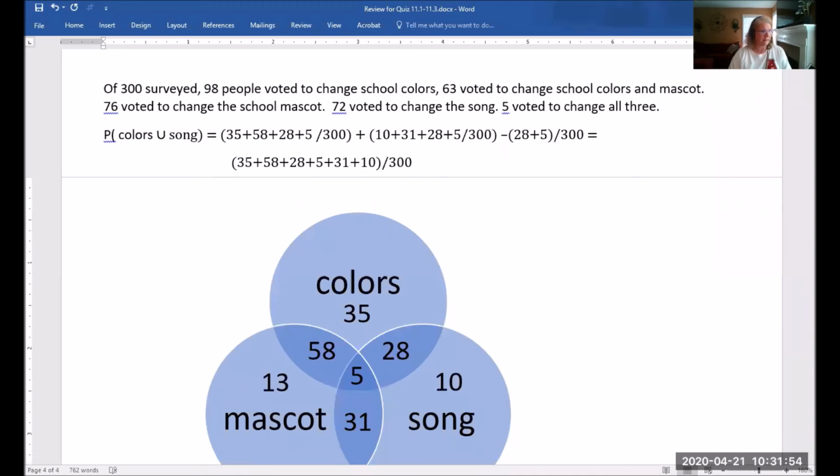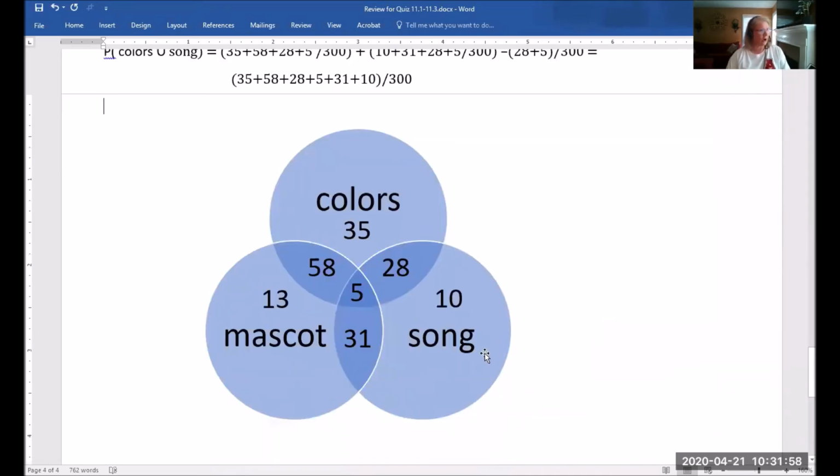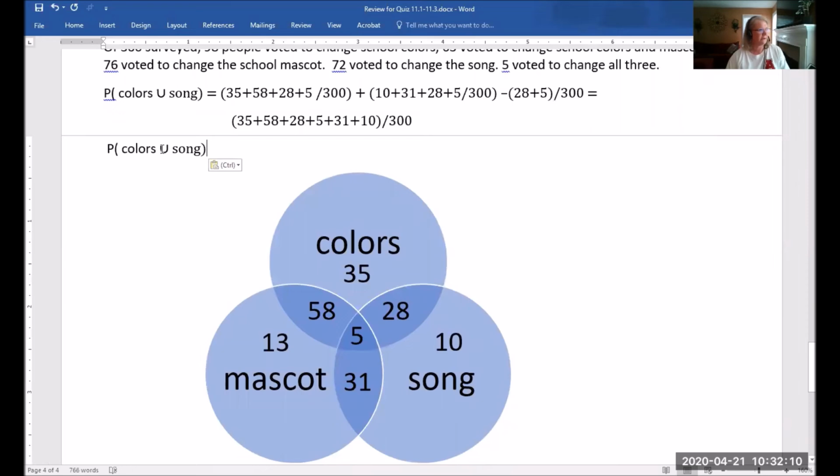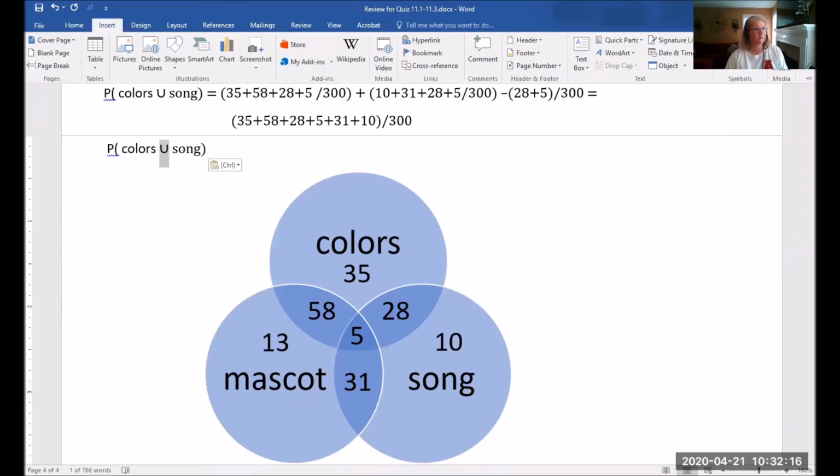Now let's talk about and, okay? So now if I was to ask you, all we're going to change of this problem now is the symbol. Y'all see this up here? All we're going to do is change the symbol. So when I change the symbol, let me go ahead and change this to an and symbol. We're going to go up here and change it to the and symbol. There it is. Okay. So now all we're looking for is the overlap.